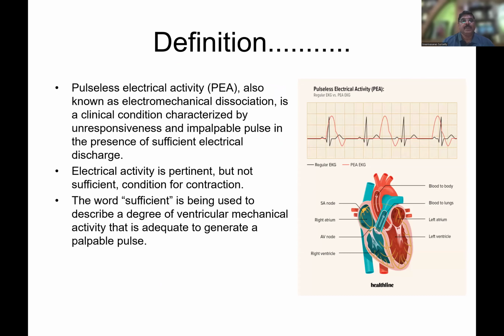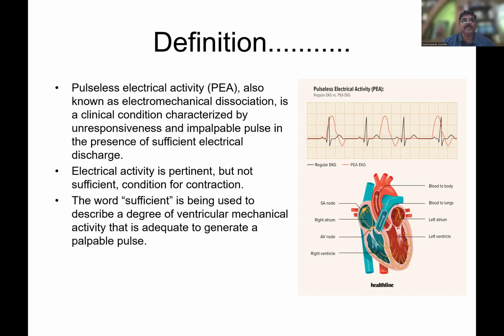Coming to the definition, pulseless electrical activity is electromechanical dissociation. The electrical activity normally causes contraction, the mechanical activity of the heart that creates the cardiac output. But here, electromechanical dissociation occurs due to various reasons.